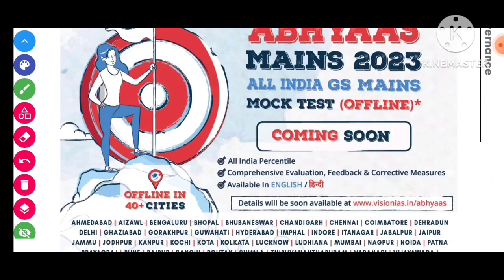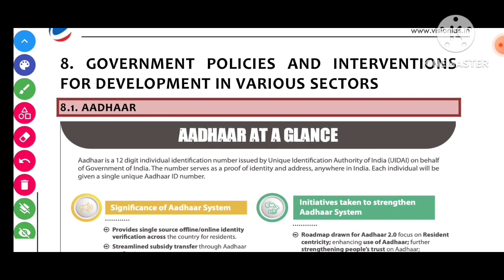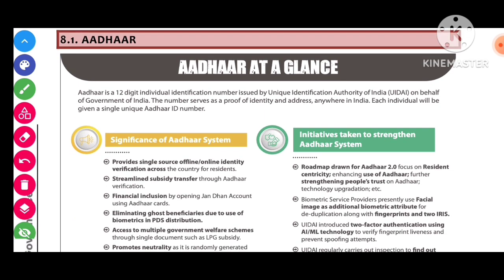Okay. Next is the government policies and interventions for development in various sectors, like Aadhaar. So you can define the Aadhaar. Aadhaar is a 12-digit individual identification number issued by the UIDAI, that is Unique Identification Authority of India, on behalf of the Government of India.